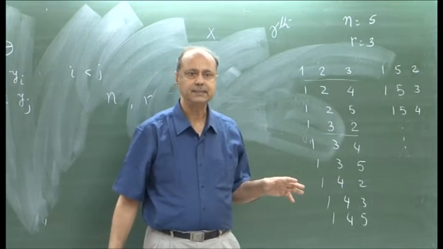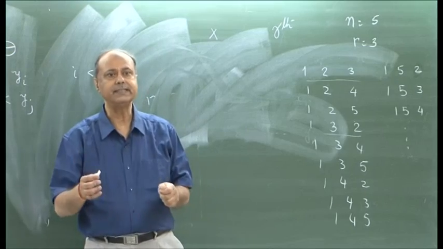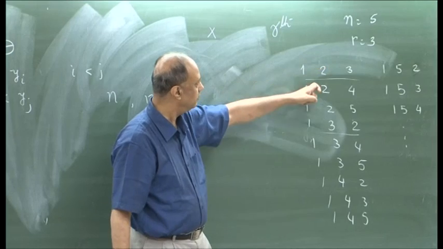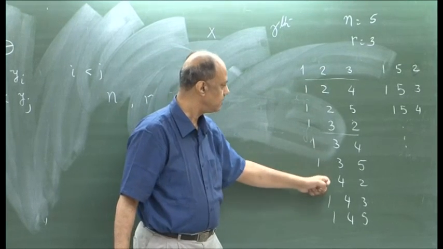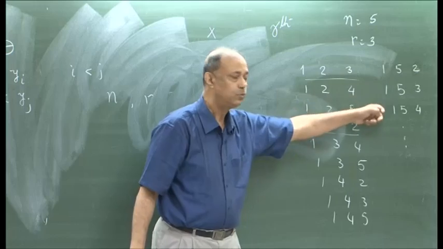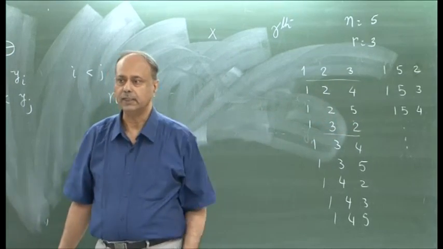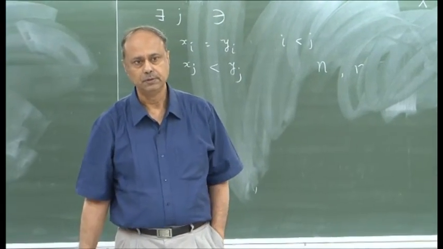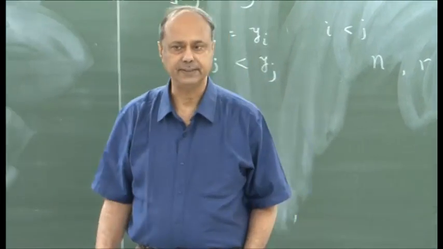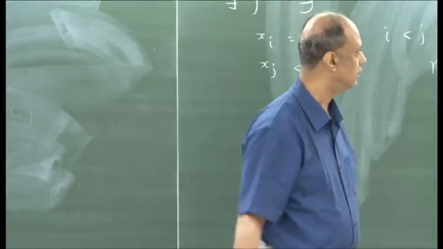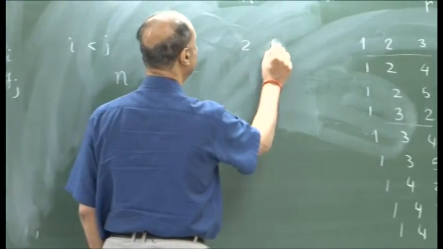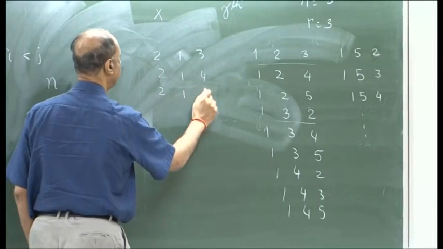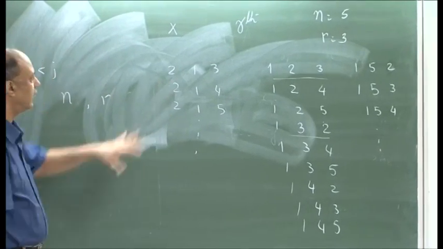The occurrence of elements is the same, but only the ordering is different. So, if I observe that there are 12 of them starting with 1s, then you will be getting 12 of them starting with 2s, 12 of them starting with 3s, and so on. For example, this one will be 2, 1, 3, 2, 1, 4, 2, 1, 5, and so on. There are 12 such cases with 2.